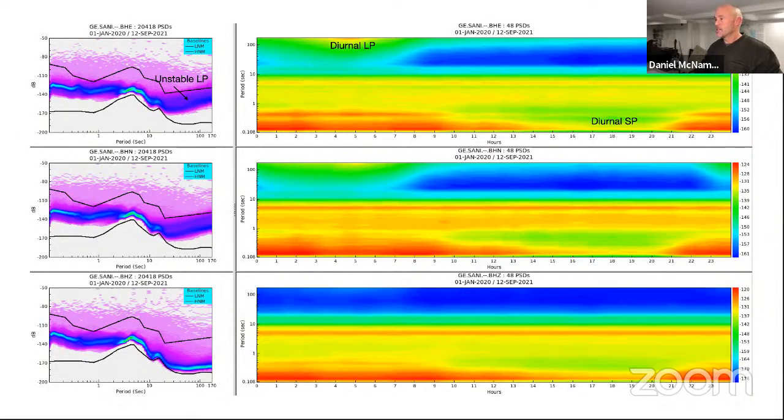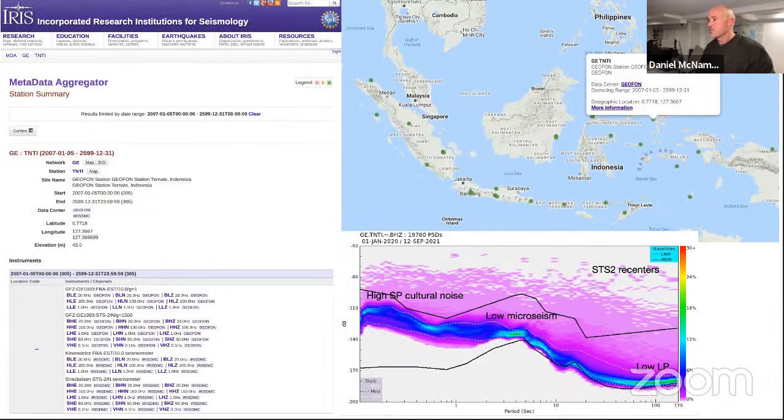Let's move on. You've seen this. This one is TNTI. This has some STS2 recenter problems going on that you can see in the upper right of that PDF plot. Again, that scalloped, multiple peaked PSD, that's what an STS2 recenter looks like when you take a PSD of it.